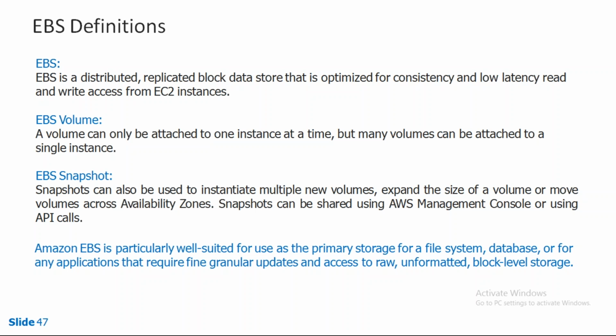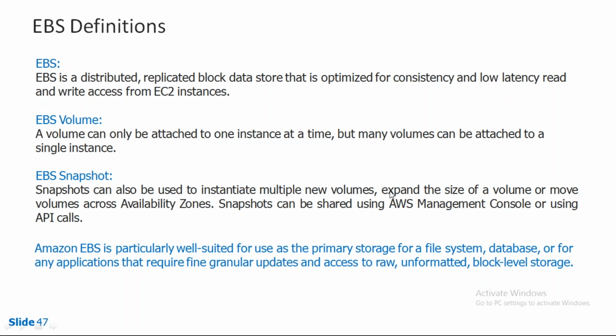If it becomes full, we take a snapshot. That snapshot is now 10 gigabytes. When you create another new volume from this snapshot, the 10 gigabytes of data will be there, and you also have an option to increase its space. So 10 to 20 or 100 or any size you want, you can take within the limit you have.